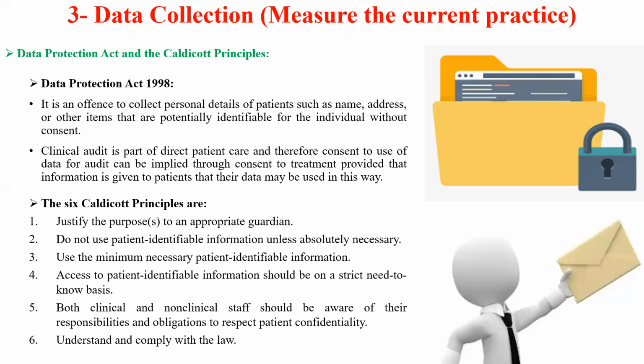So if you have access to any identifiable information, it should be on a strict need to know basis. All the staff included in the audit should be aware of their responsibilities to respect patient confidentiality. All the members should understand and comply with the law. So these are the 6 Caldecott principles, and this is the Data Protection Act you should know during data collection to measure your current practice.